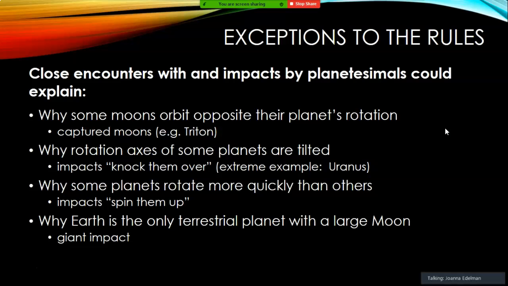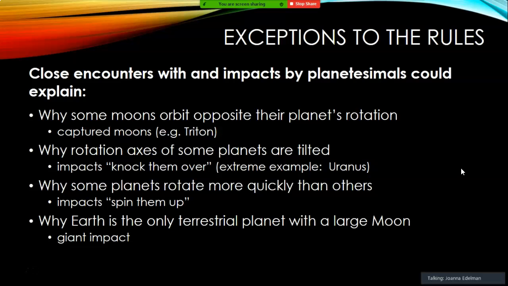So we have this explanation for why we have certain moons orbiting in the opposite direction relative to their planet's rotation. That's most likely because that moon was captured after the planet was already formed. Like I just mentioned, there may have been a collision where an object was propelled into space and eventually captured by a planet's gravitational pull. That may be why Triton is revolving in an opposite direction.